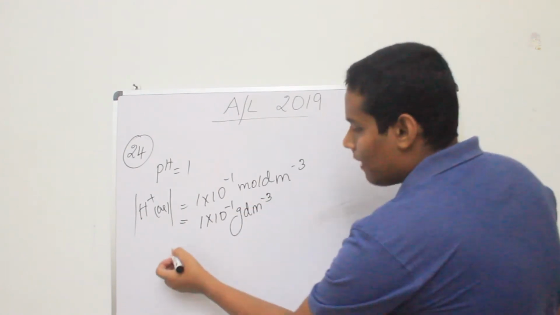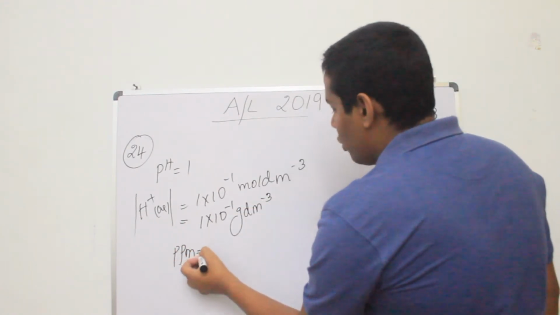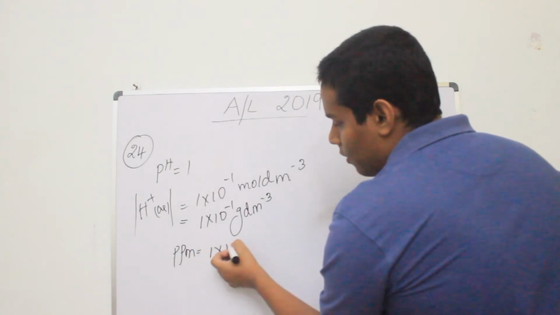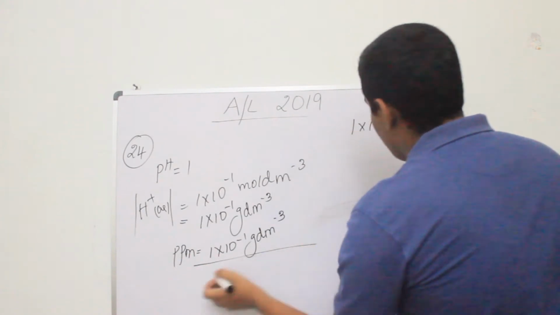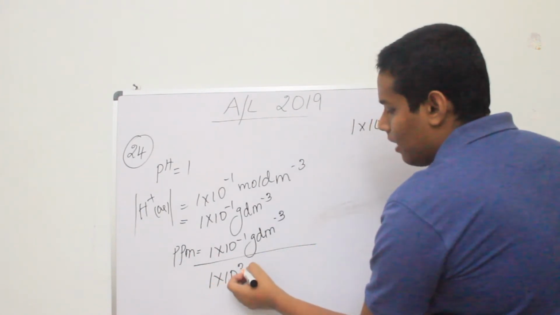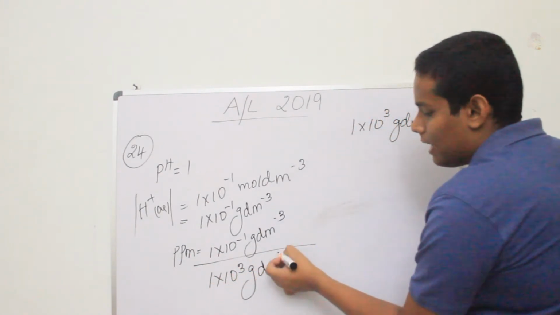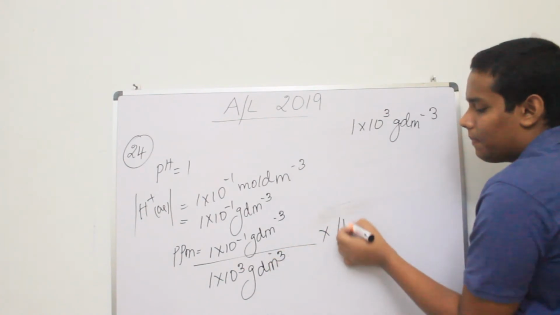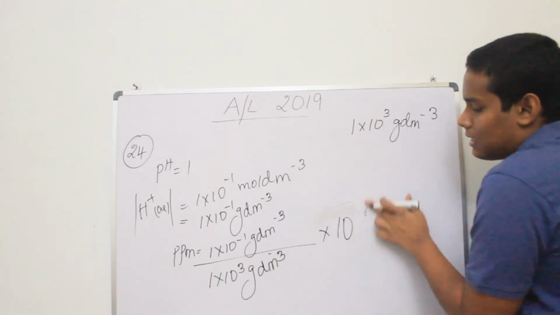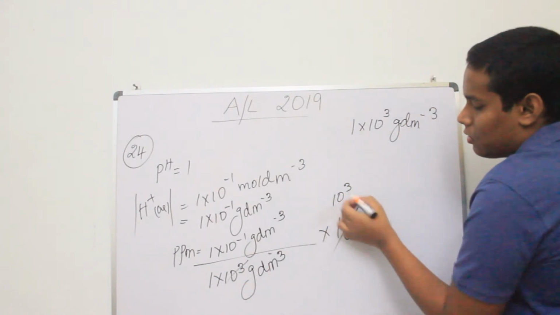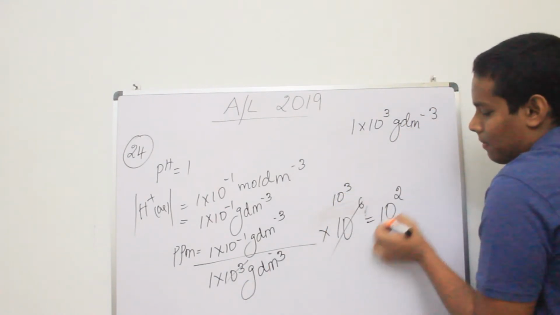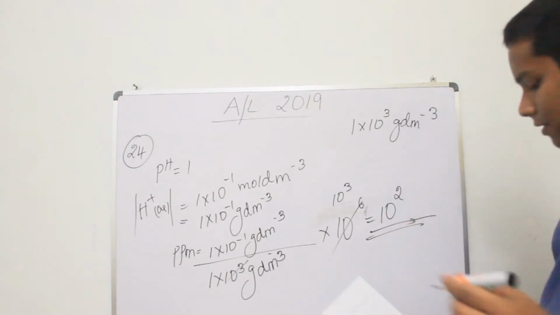So then the ppm value is going to be the mass, 1 into 10 to the power minus 1 gram per cubic decimeter, divided by the total, 1 into 10 to the power 3 gram per cubic decimeter, into 10 to the power 6. So this is 10 to the power 2, that is 100.